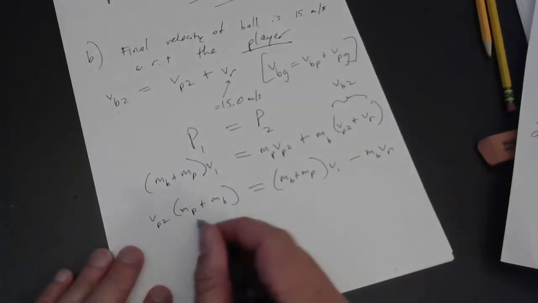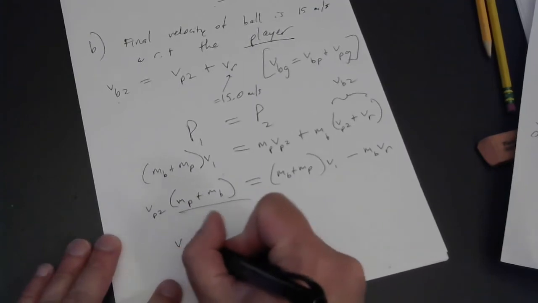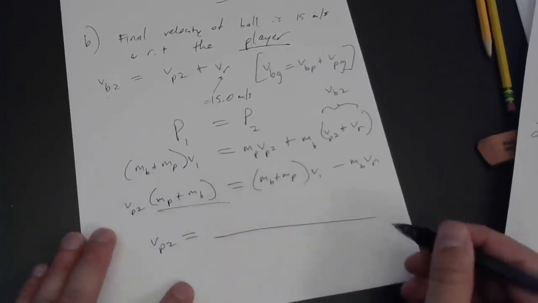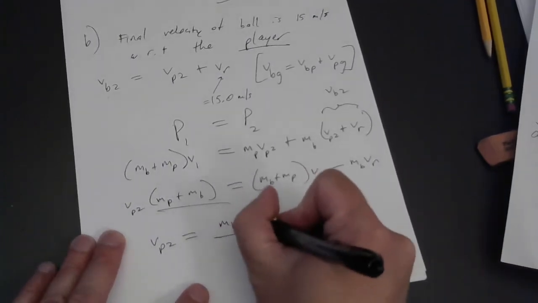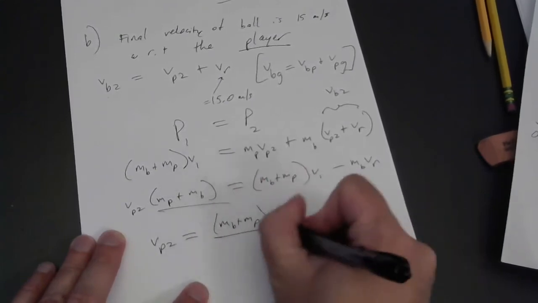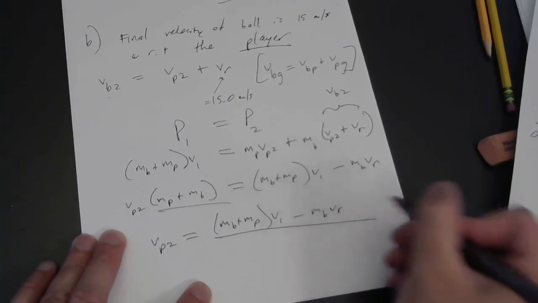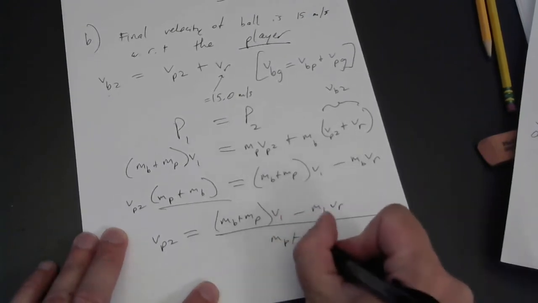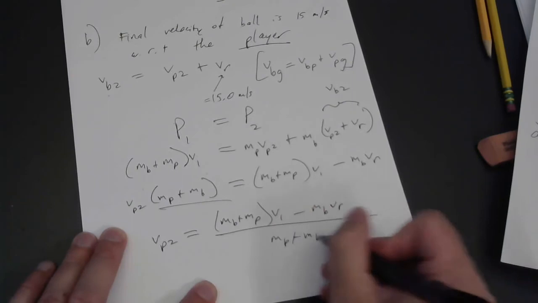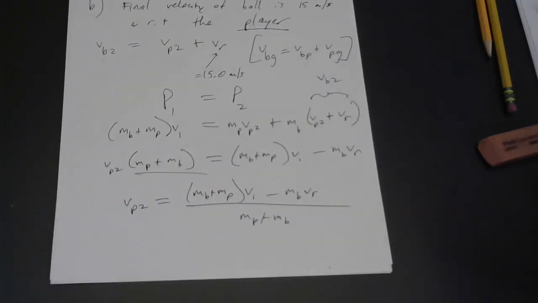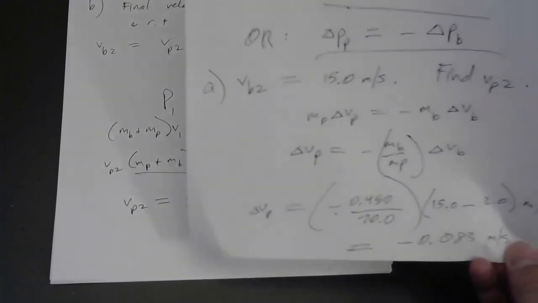And then the last thing to do would be to divide by this quantity. So the player's velocity after. You can see algebraically, this is coming out a little more complicated than part A. That was the difficulty with this problem, the added complication of relative velocity. So can I contrast that with the equation I had from part A? Yeah, this is a little more straightforward.